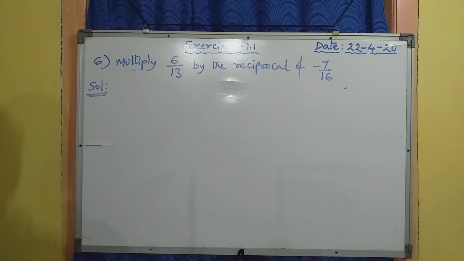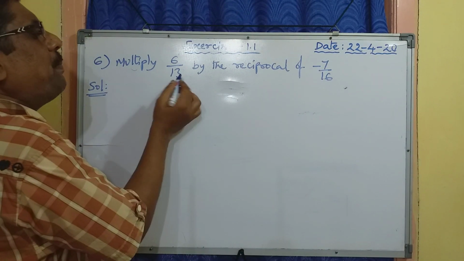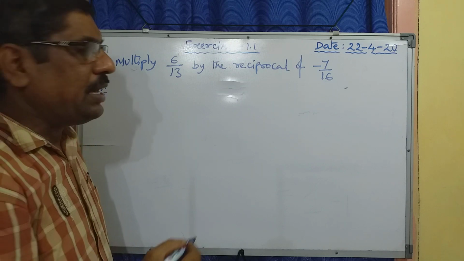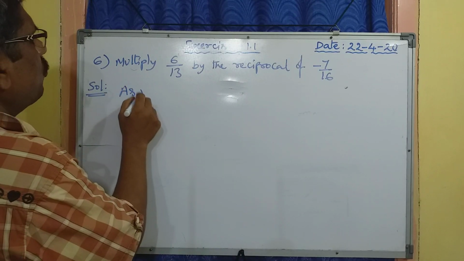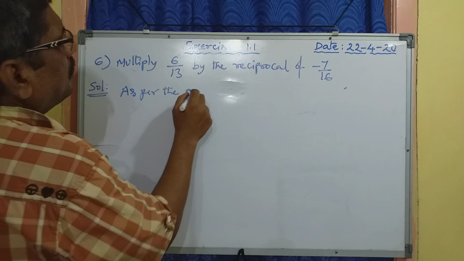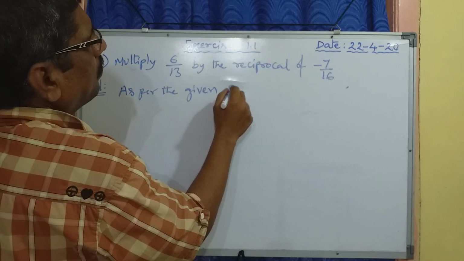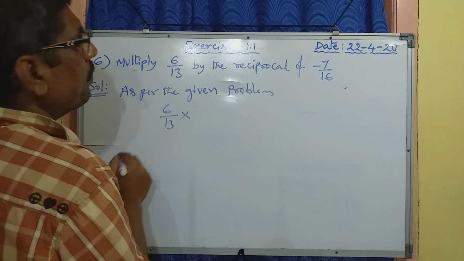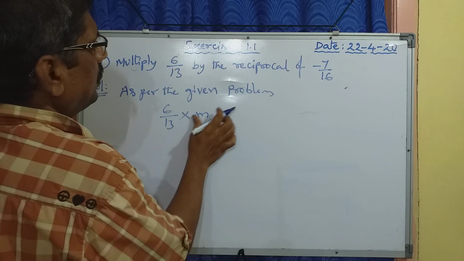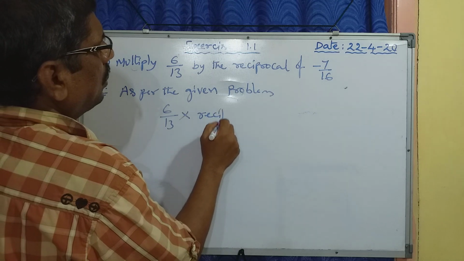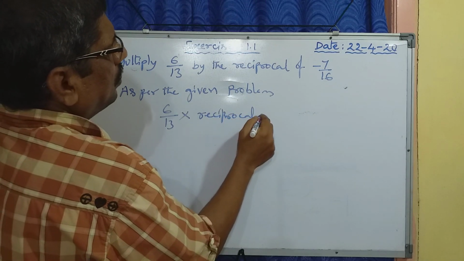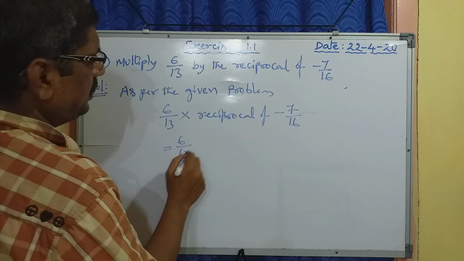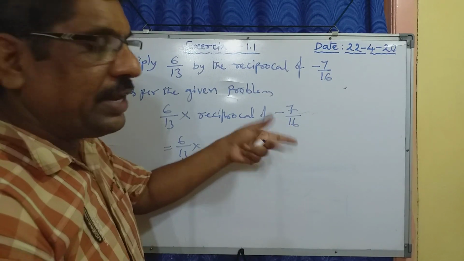Now look at the sixth problem. Here we need to multiply 6 by 13 by the reciprocal of minus 7 by 16. As per the given problem, 6 by 13 should be multiplied with the reciprocal of minus 7 by 16, which is equal to 6 by 13 into what is the reciprocal of minus 7 by 16?